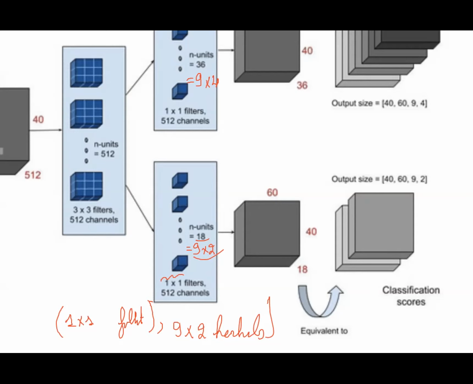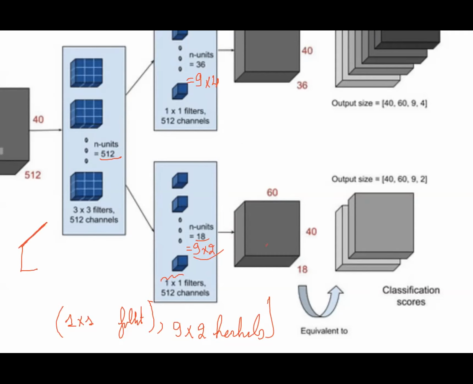Okay. So here, as you can see, we went from 512 channels to how many channels? 18. Okay. So we're aiming for getting less details, right? We're keeping the same size of the width and height, but the number of channels, we're reducing it drastically such that it fits the shape that we want.